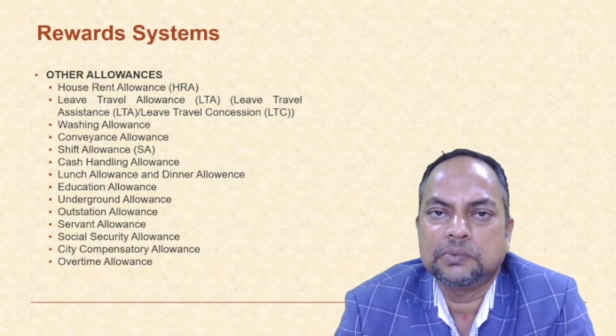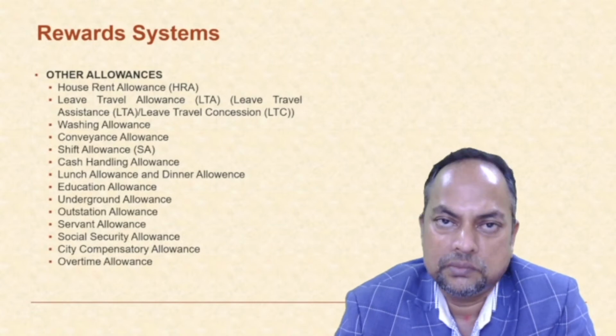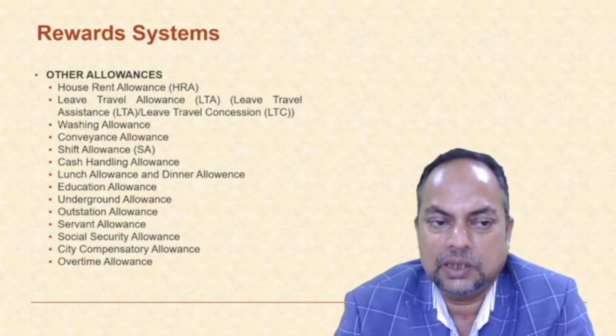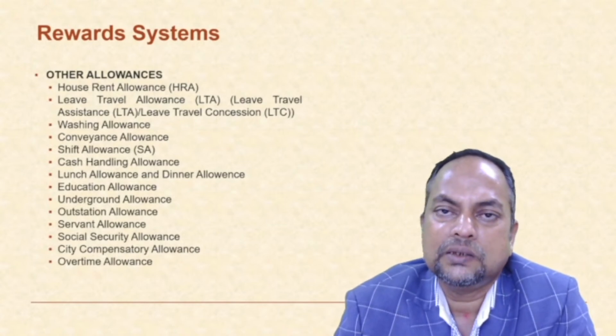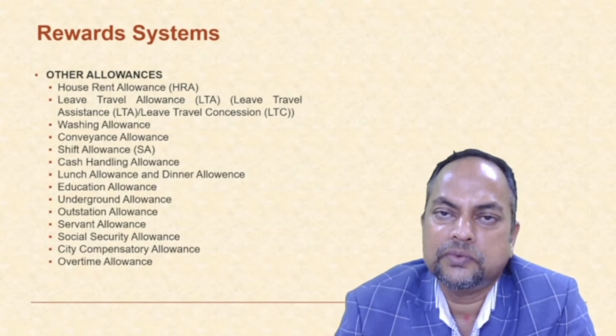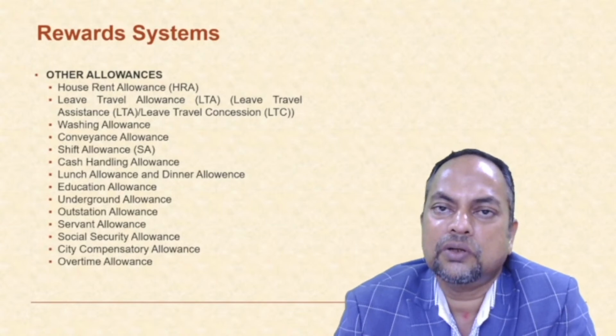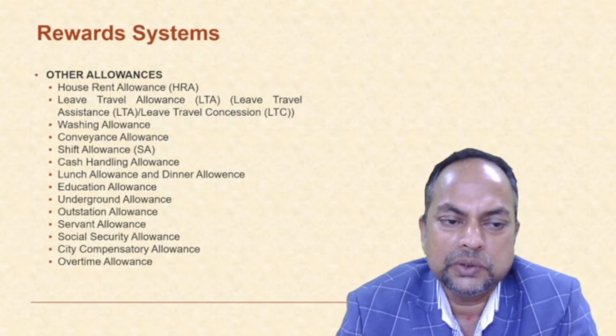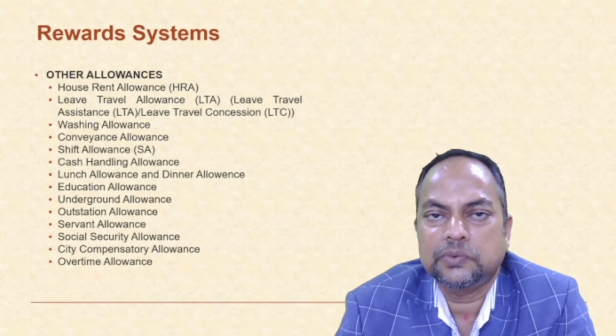So employees can upgrade themselves by enrolling for different sorts of courses. So certain allowances are provided for that, and sometimes these allowances are provided for the education of the children of those employees. So education allowances are also being provided.